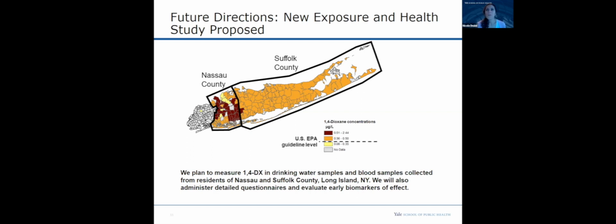So we'd have to do some work to confirm that people's exposures are fairly consistent in order to use this as a marker of longer term exposure, but it's at least a good measure of recent exposure, and it's specific to 1,4-dioxane.